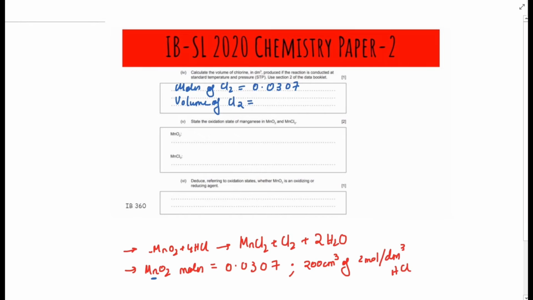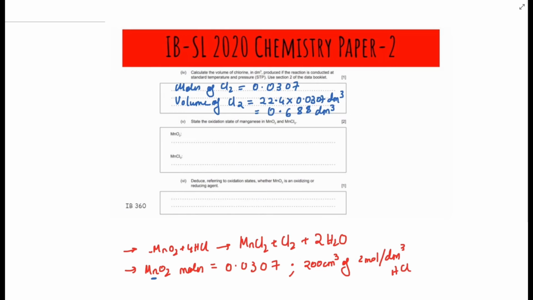Volume of Cl2 would be, in your booklet it would be given that for 1 mole it is 22.4 liters. So we would just multiply, and the unit would be dm cube or liters, both are the same thing. So the final answer is 0.688 dm cube.